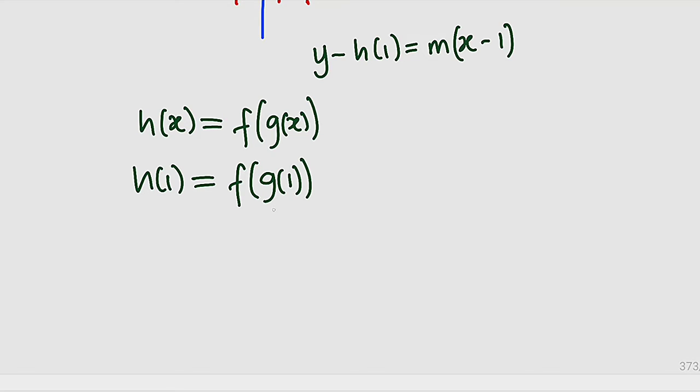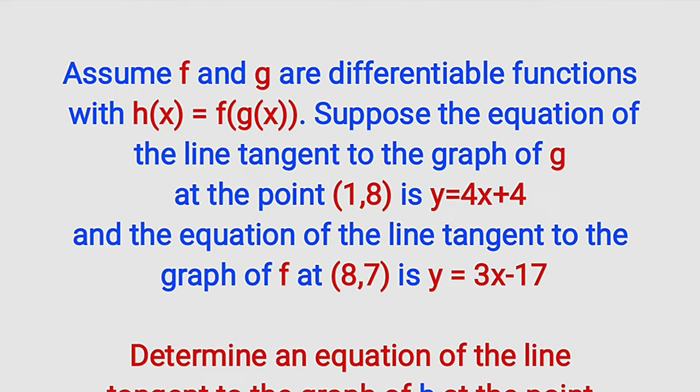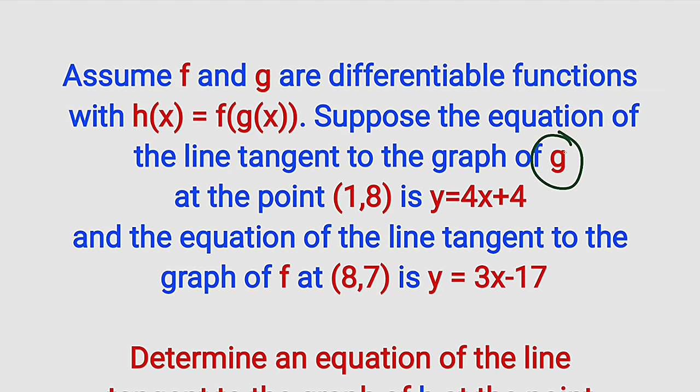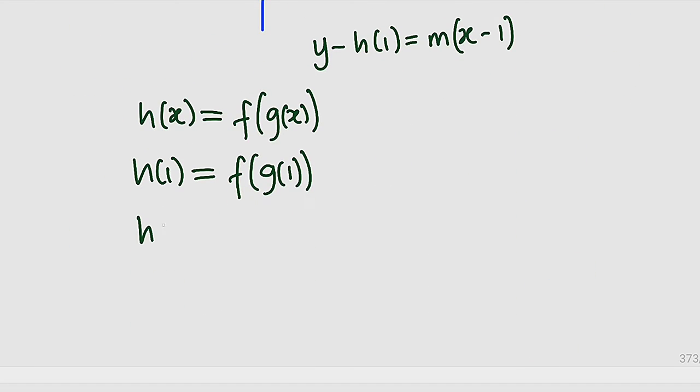So we need to find what is g of 1. Let's go back to the function g. This is the function g. We learned that when x is equal to 1, y is equal to 8, and hence g of 1 is equal to 8. Therefore, h of 1 is nothing but f of 8.